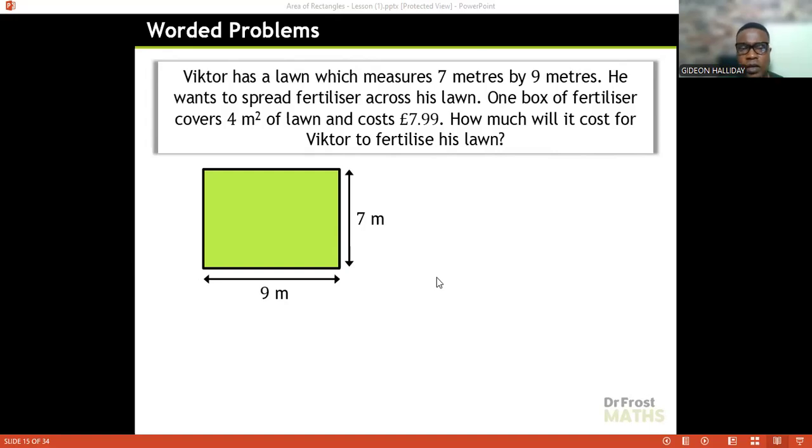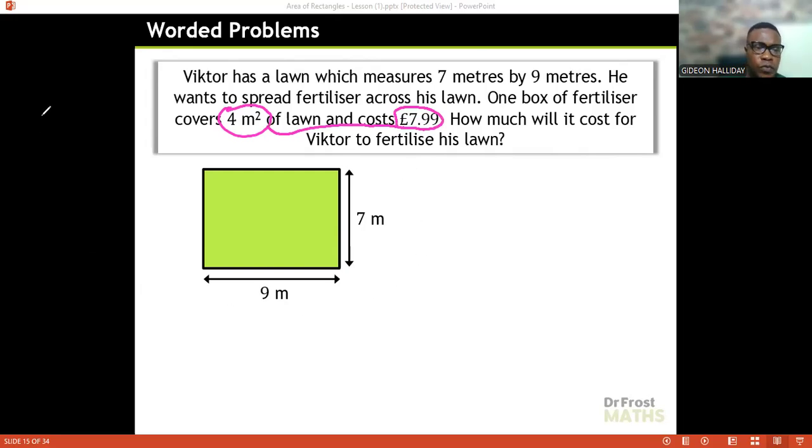One box of fertilizer covers 4 square meters of the lawn and costs £7.99. How much will it cost for Victor to fertilize the lawn?